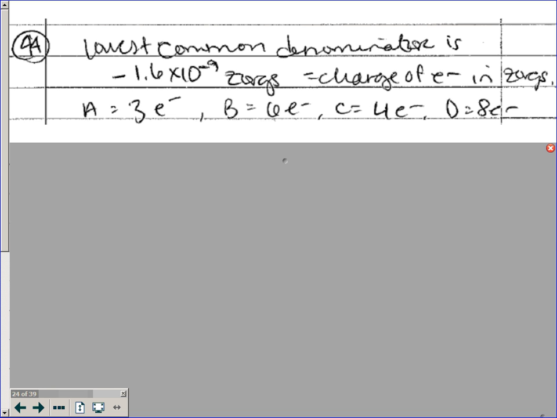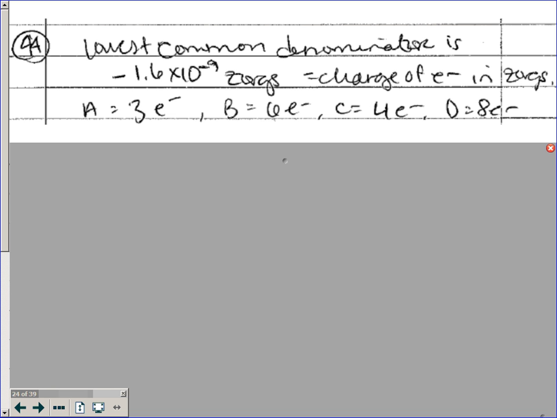This number was not given. I basically whittled down from the data given in this data table what the greatest common multiple would be to achieve those values. So it's kind of a guess and check. Figure out what goes into each of these with a whole integer.